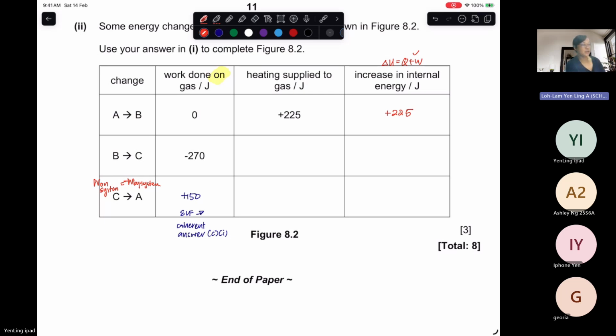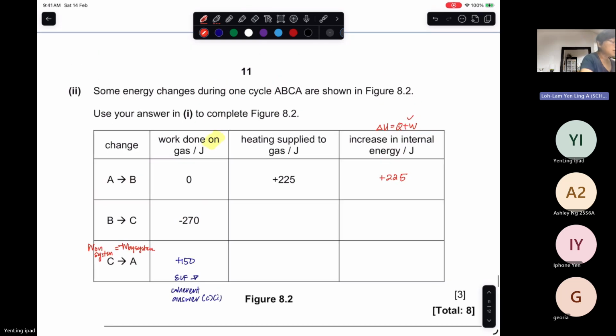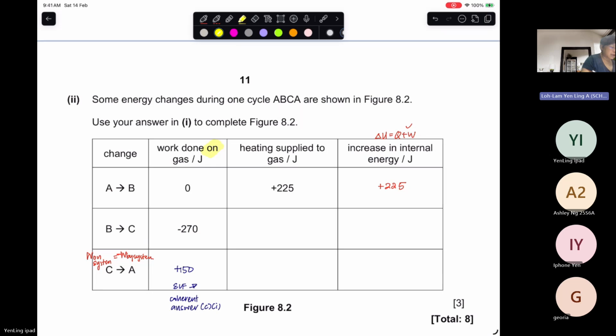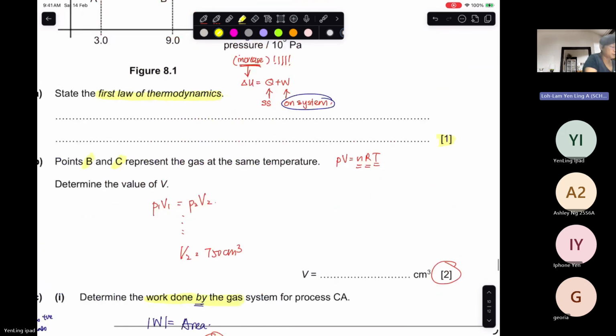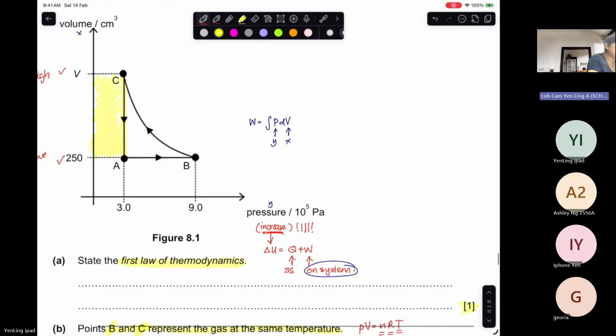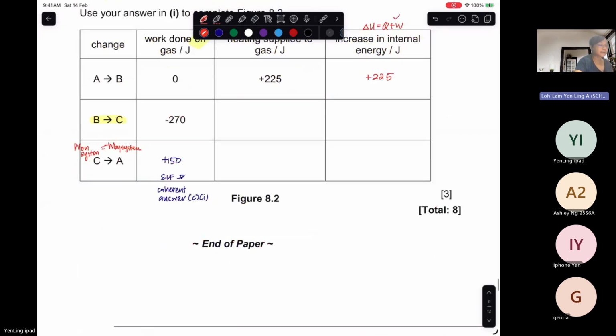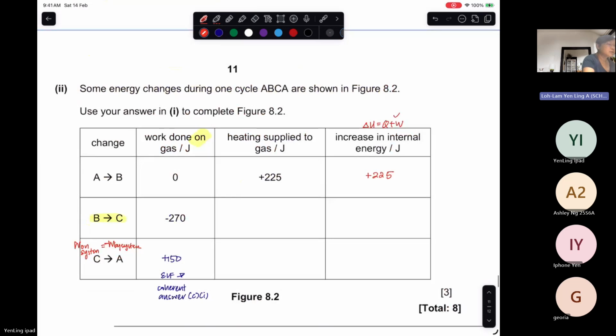Now, for B to C, you can't fill in at the moment, but there is one concept that we are looking at here. Therefore, understanding B to C, if you read your question very carefully and back to here, for B to C, it may have made sense for you to tell yourself this is an isothermal process. And if it is an isothermal process and it is ideal gas, so in terms of concept, this is isothermal.